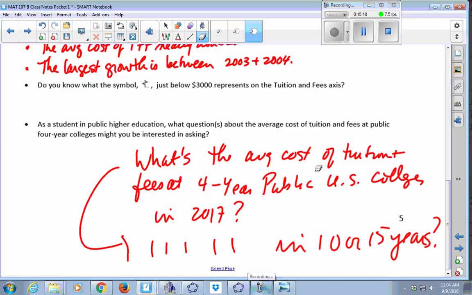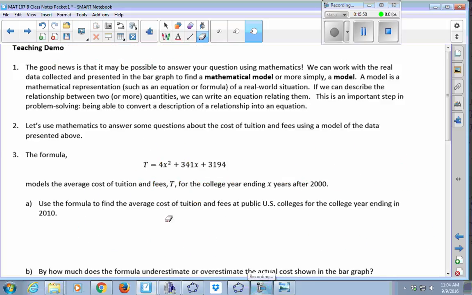So as you can see, as students, you have a lot of questions about the average cost of tuition and fees. Some of you may be going on to the university, some of you may be going to a private 4-year school, and some of you may be going out into the workforce for a while. But often in mathematics, we try to pin down the relationship between two variables so that we can use that relationship to answer questions.